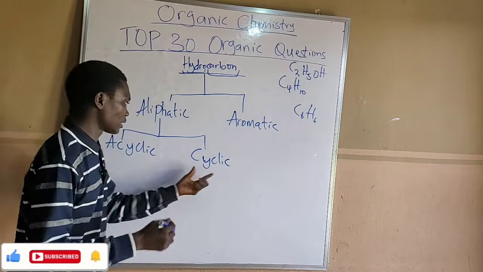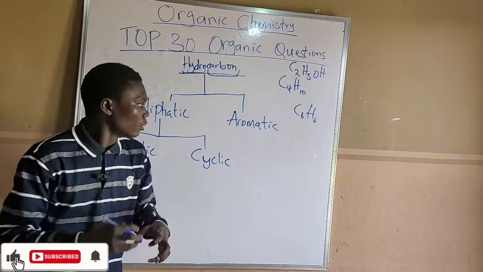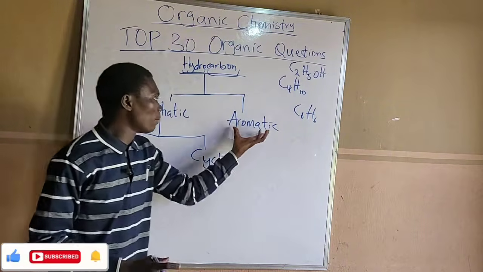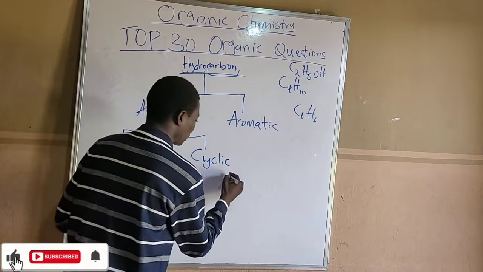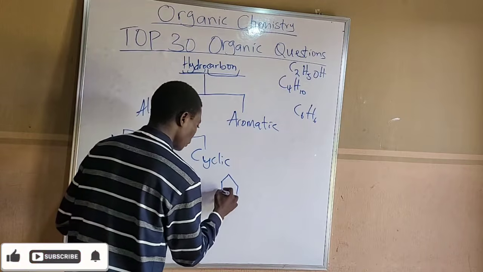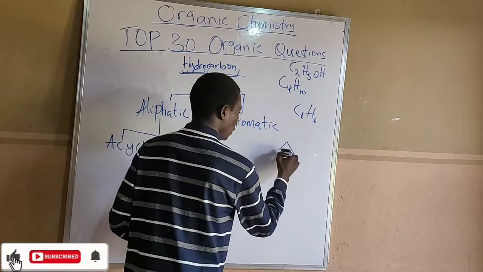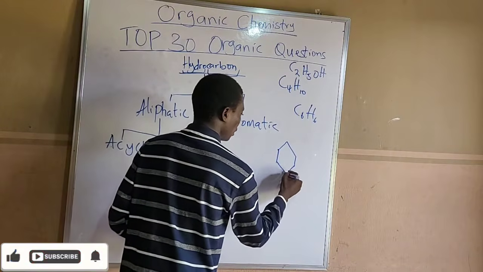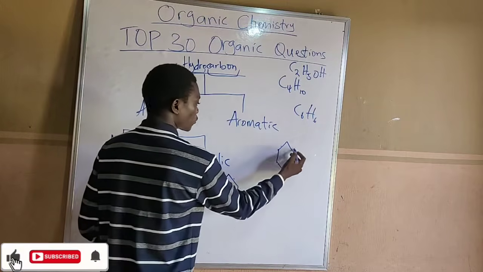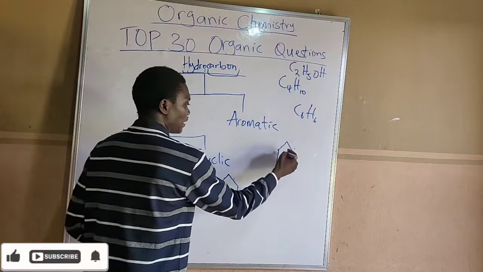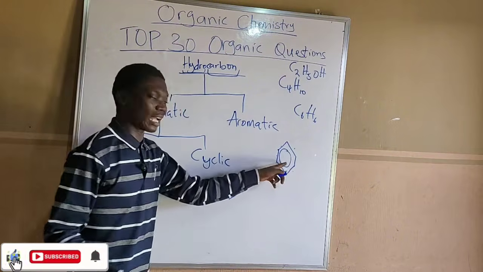Cyclic here means something in the form of a closed chain, something that is closed. Benzene actually is also closed, but the difference is that they have the same size, 1 2 3 4 5 6, and benzene could have something like this inside. Because of this thing inside, it tells us that it is benzene.